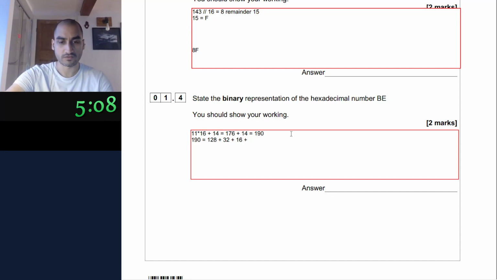We've got 14 left over, so 8. 6 left, so 4, then 2. So that's going to be 1, no 64s, 1, 1, 1, 1, 1, 0, no 1s. Okay, there's probably an easier way of converting hexadecimal to binary directly.